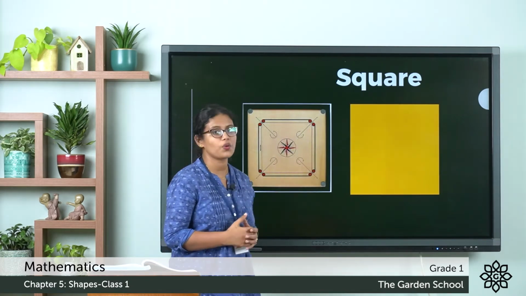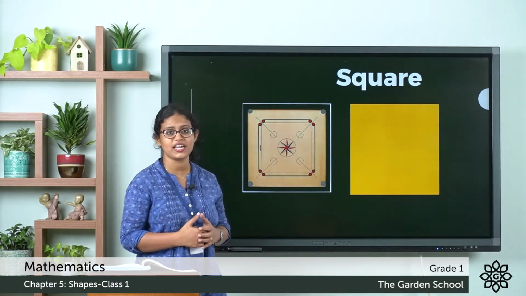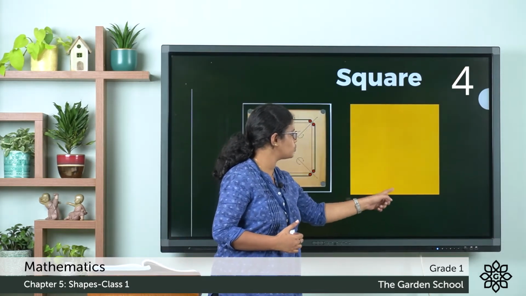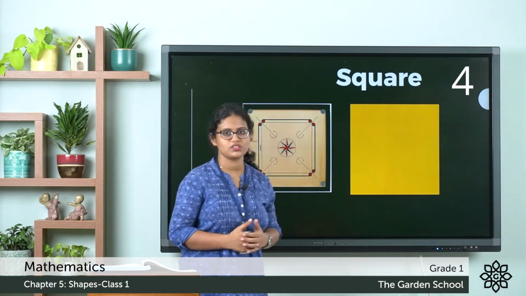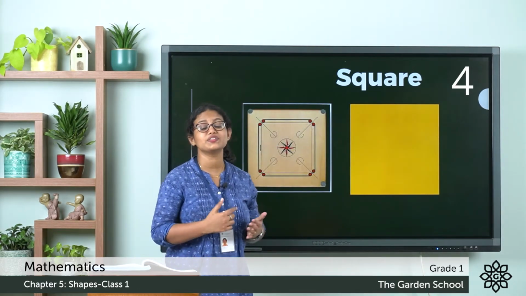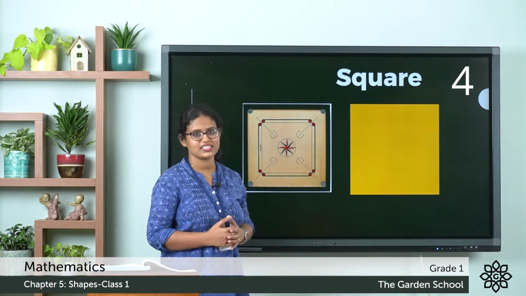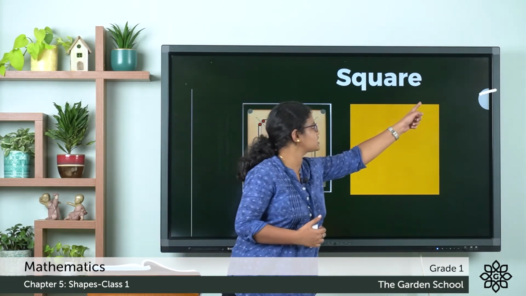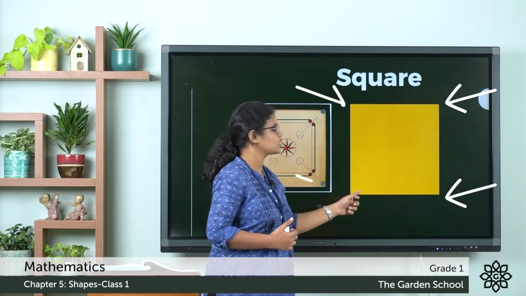So, in a square, do you know how many sides are there? There are 4 sides. 1, 2, 3, 4. So, in a square, there are 4 sides and also 4 corners. This part is called the corner.